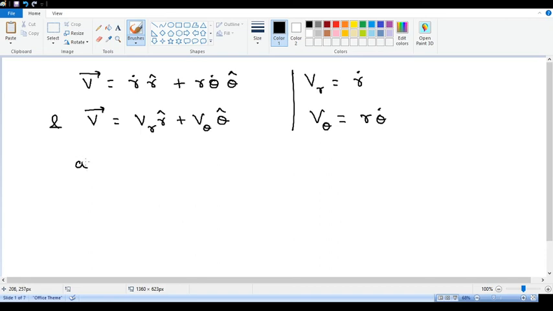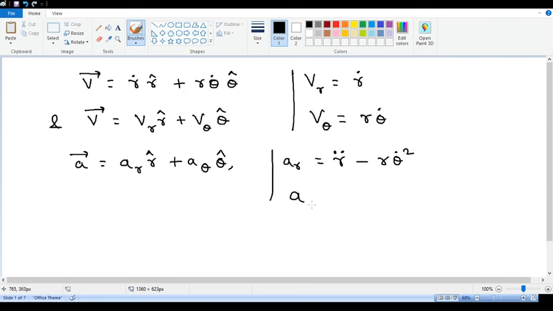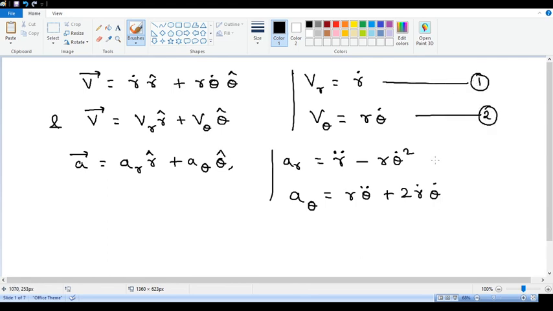Then we will obtain a vector equal to ar r hat plus a theta theta hat, where ar, the magnitude of the radial component of acceleration, is given by r double dot minus r theta dot square, and the magnitude of the transverse or cross radial component is given by r theta double dot plus twice r dot theta dot. So these are the basic changes in the velocity and acceleration parameters as obtained for this curved motion of the particle.